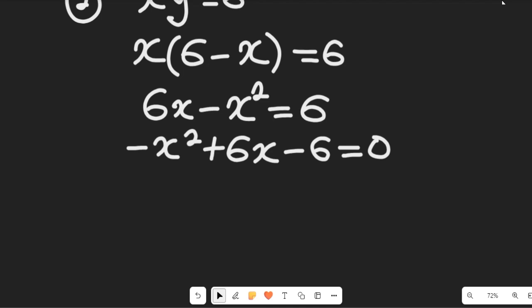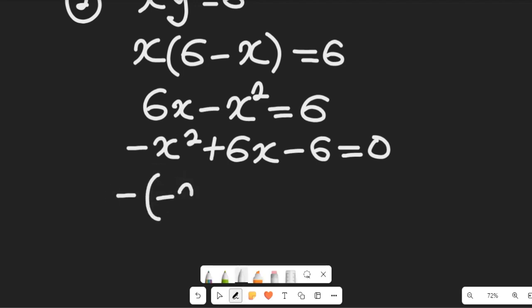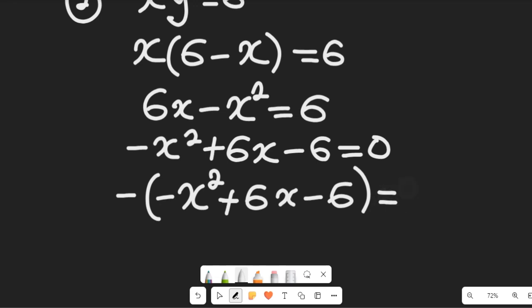So what we are going to do is to multiply the left hand and the right side by negative one. The reason why we're doing that is to clear the negative sign with x squared. And this will give us minus 6 plus 6, and this will be equal to 0.